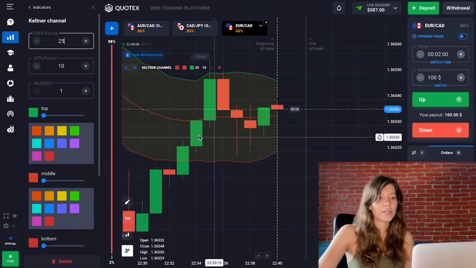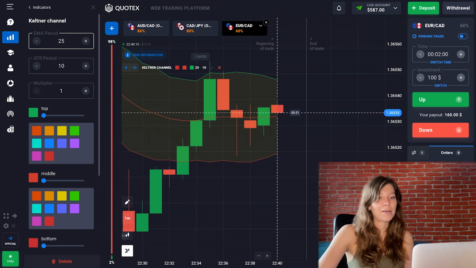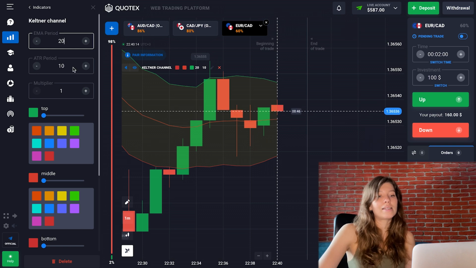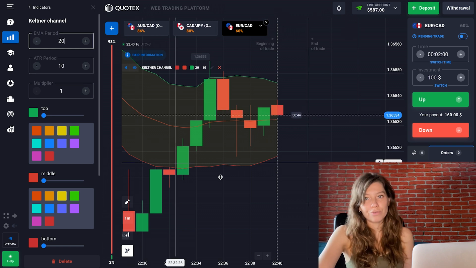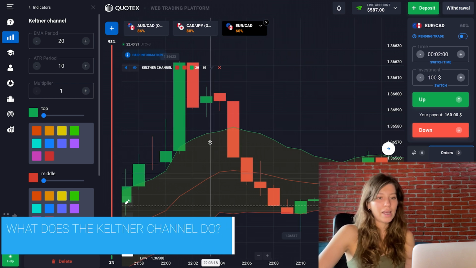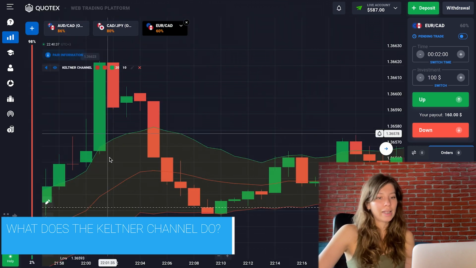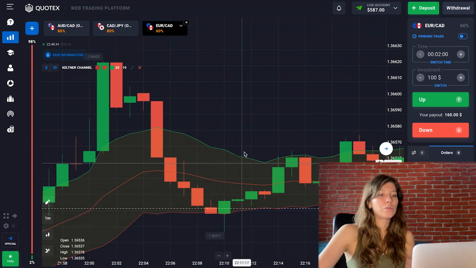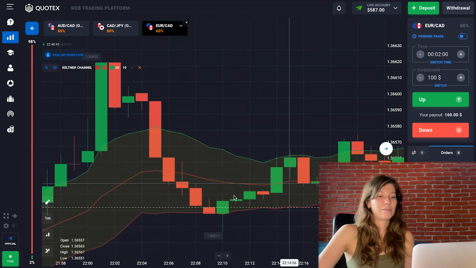The Keltner Channel also contracts and expands with volatility, but is not as volatile as the Bollinger Bands. The Keltner Channel helps identify overbought and oversold levels relative to a moving average, especially when the trend is flat. It can also provide clues for new trends, friends.